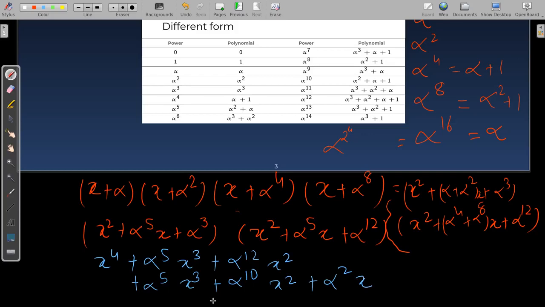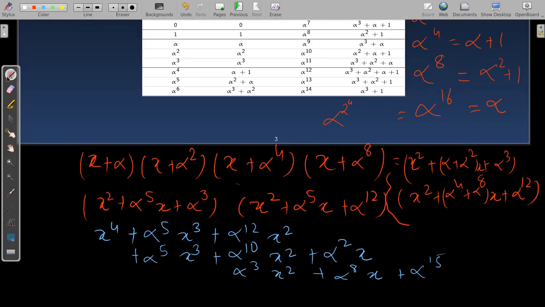And the third term, if I multiply with α³, I will have α³ x², then I will have α⁸ x, and then I will have α¹⁵.